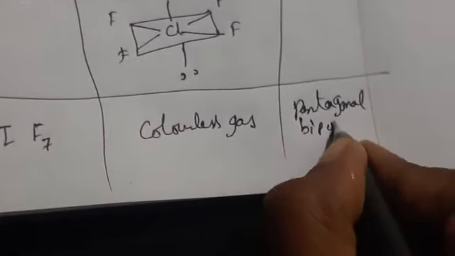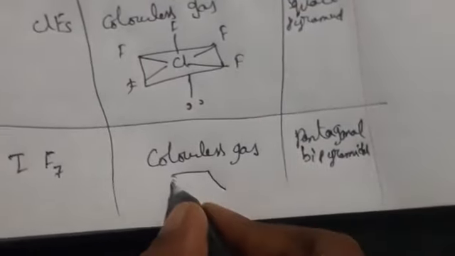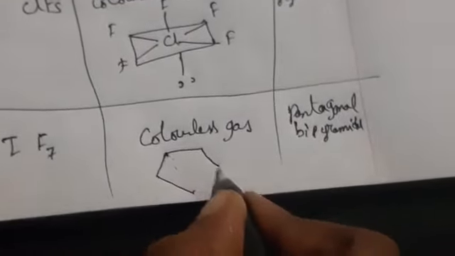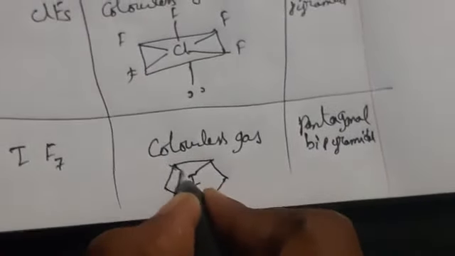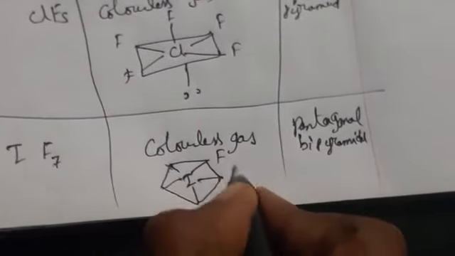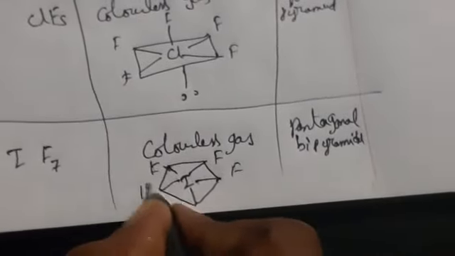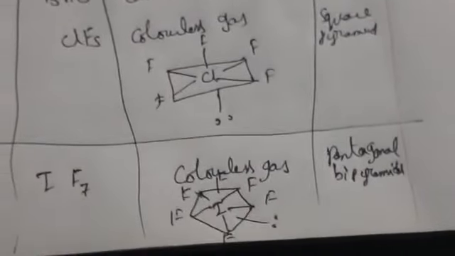The structure will be like this: I, with F, F, F, F, here F, here F, and 1 lone pair of electrons. So this is the pentagonal bipyramidal structure.